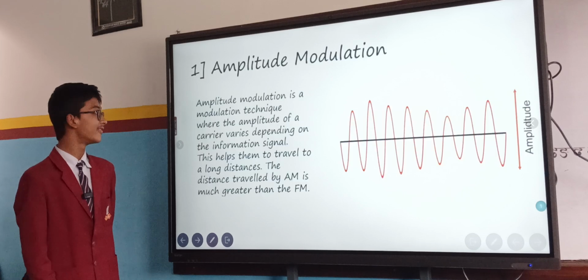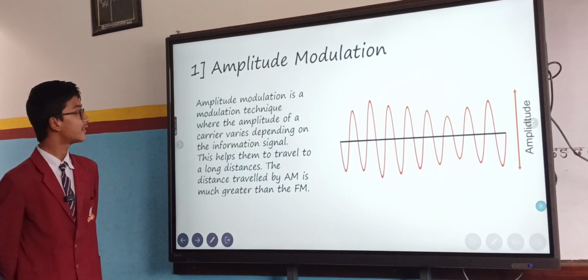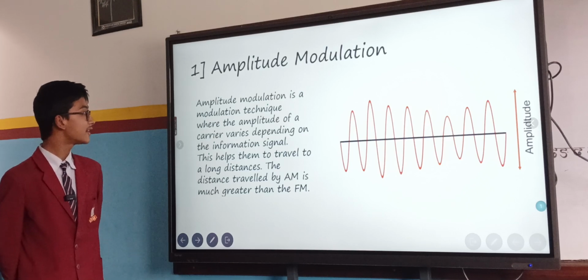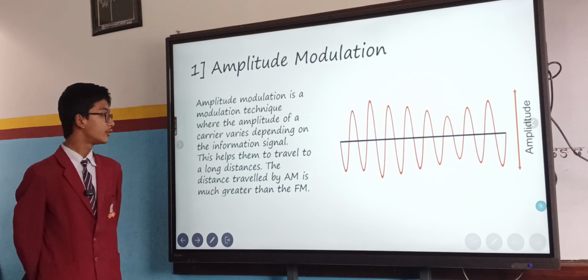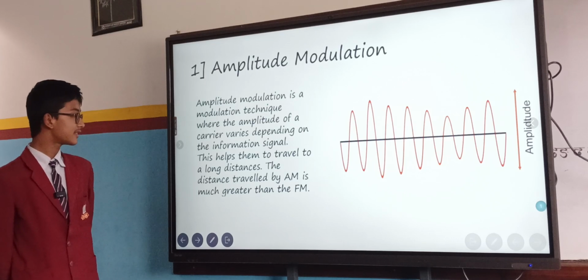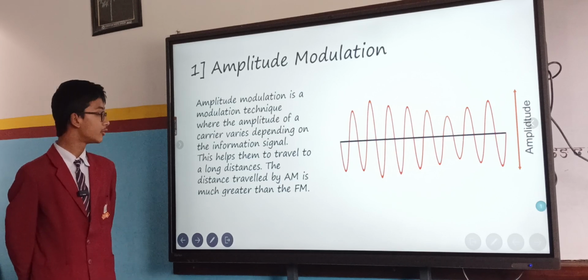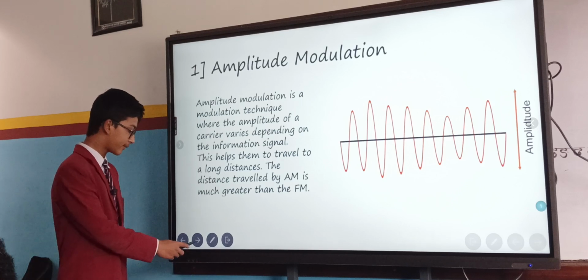Amplitude modulation is a modulation technique where the amplitude of a carrier varies depending on the information signal. This helps them to travel a long distance. The distance traveled by amplitude modulation is much greater than frequency modulation.